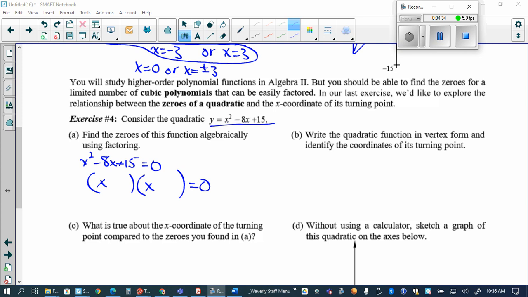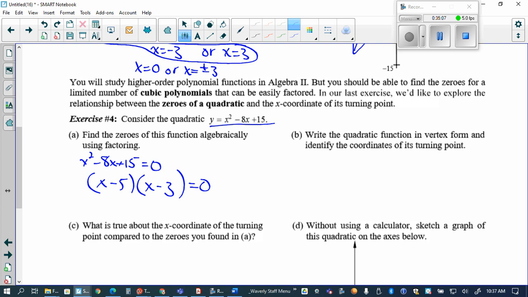Hannah, 5 and 3. Okay, now if you were to add 5 and 3, can you get 8? Yeah. So you're on the path, but we got to add to -8. So it would be negative 5 and negative 3. Do they multiply to positive 15? Yes, they do.